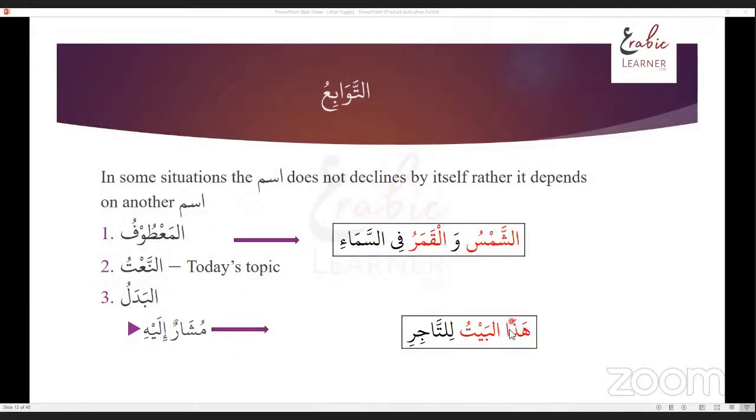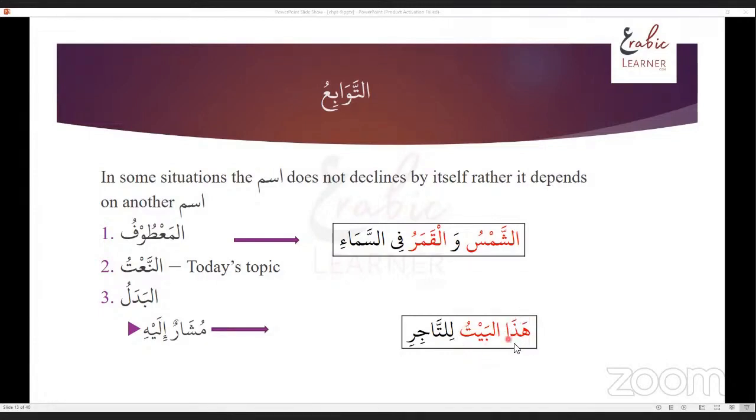Hadha is singular. Al-baytu is singular. Hadha is ismul ishara. Ismul ishara is always ma'rifa. Al-baytu, there is al here, it is ma'rifa. And hadha is used for muzakkar. Al-baytu is again muzakkar.